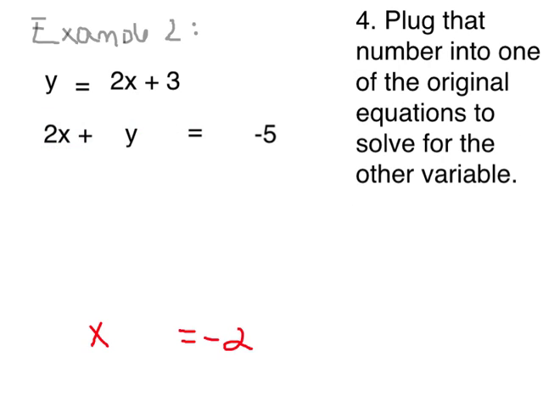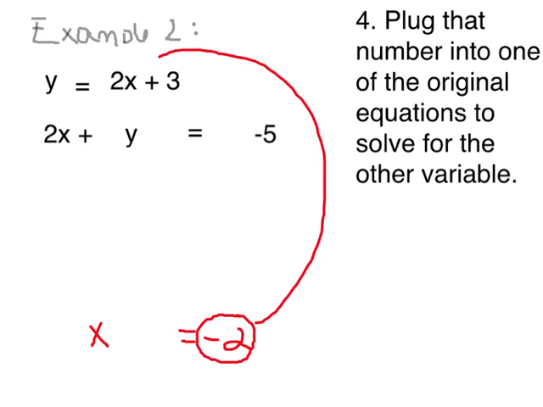So I have my original equations right there. I'm going to take this negative 2 for x, and I'm going to plug it back into my original equation right there. So now I have y equals 2 times negative 2 plus 3.